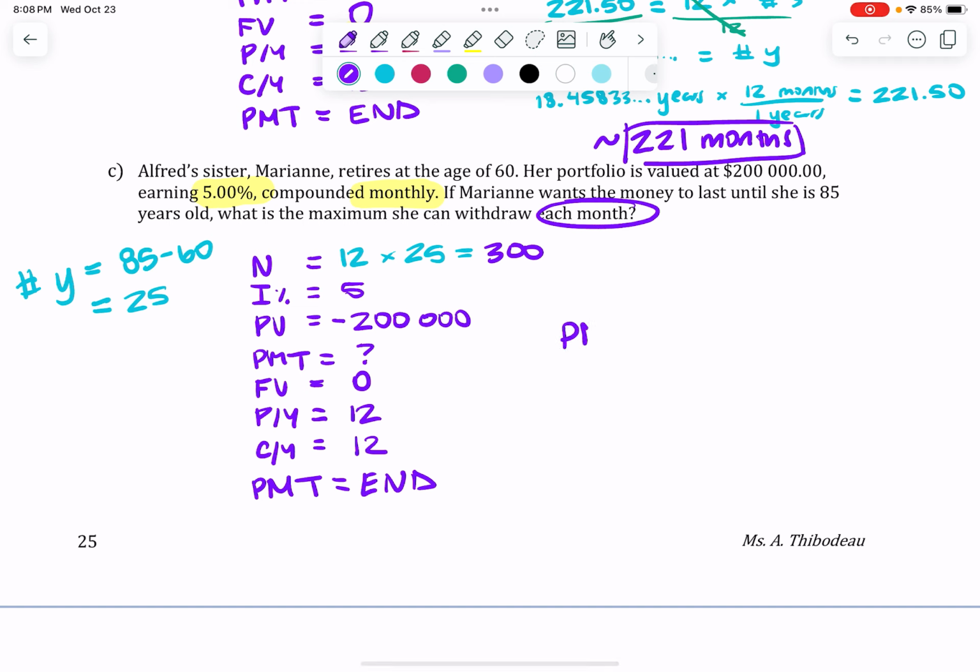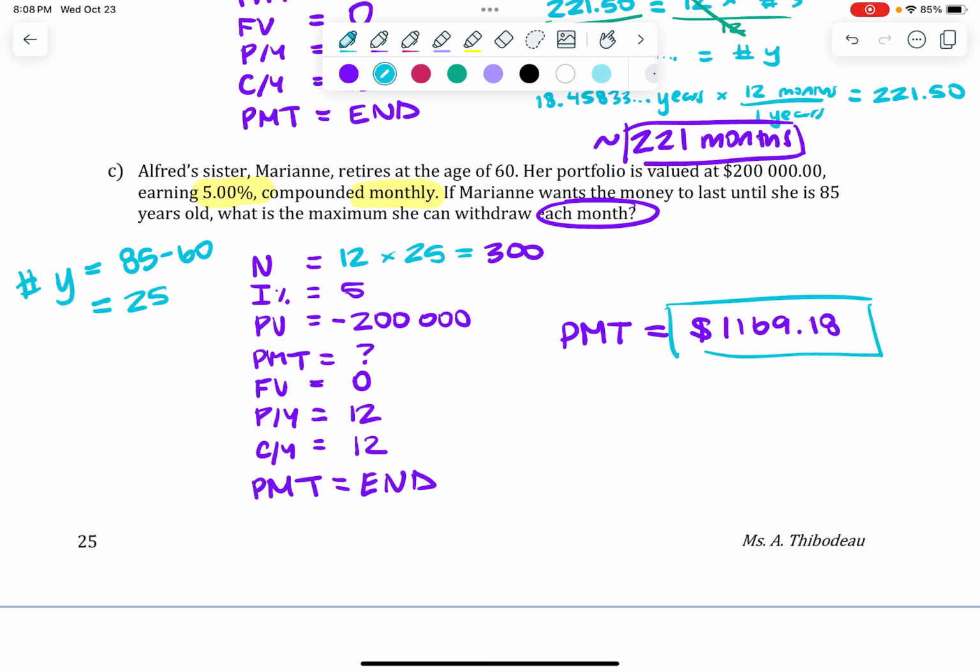When I plug this in, I get a positive payment of $1,169.18. This means that every single month, Marianne can take out $1,169.18 so that after 25 years, when she turns 85, she will have used up all of her money.